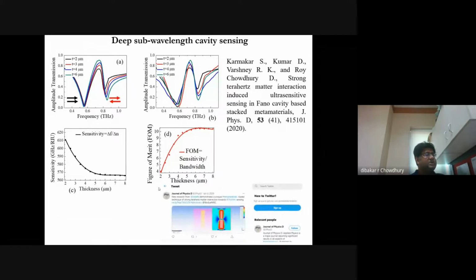This work was later published in JPD, and it was highlighted by JPD on Twitter, saying that this is a very novel metamaterial scheme which can be extremely advantageous for sensing related applications.